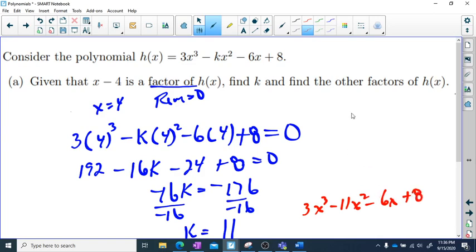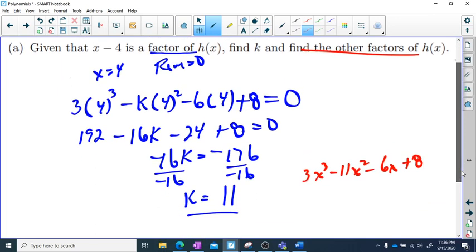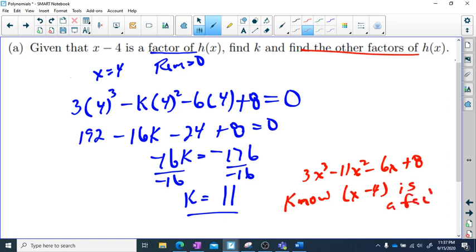What it wants us to do now is find the other factors once I now have k, which I do. So it wants me to factor this. Well, here's the good news. We don't need to do the trial and error because they gave us a factor in the beginning. We know that x take away 4 is a factor because it was given in the question.